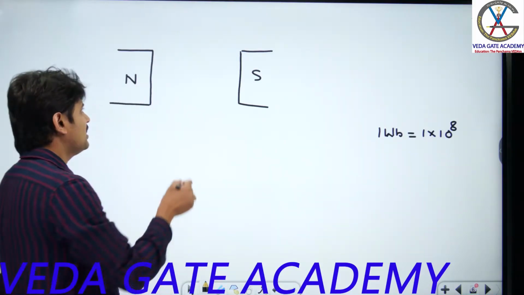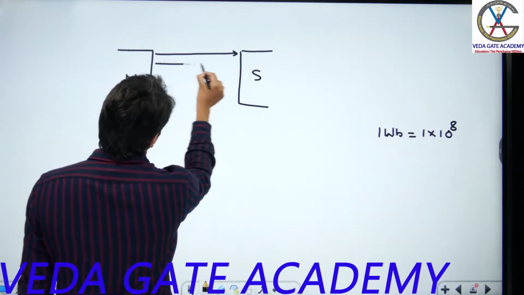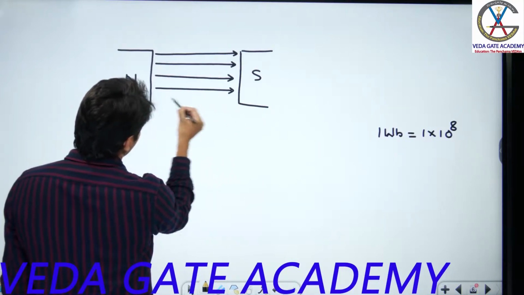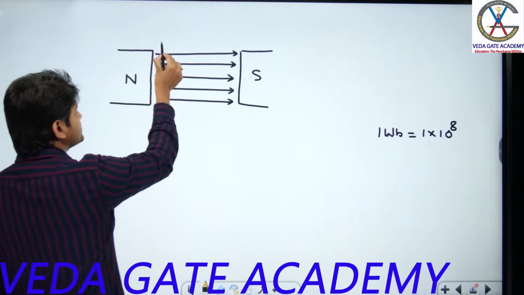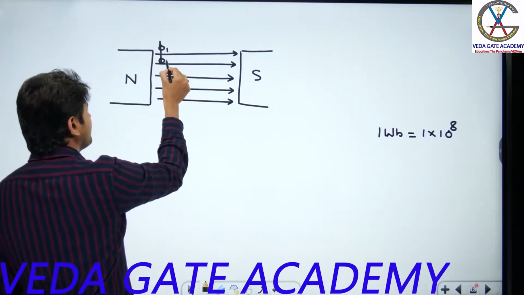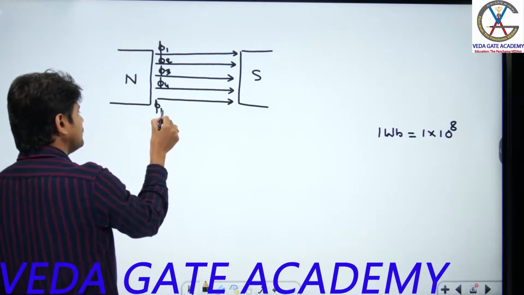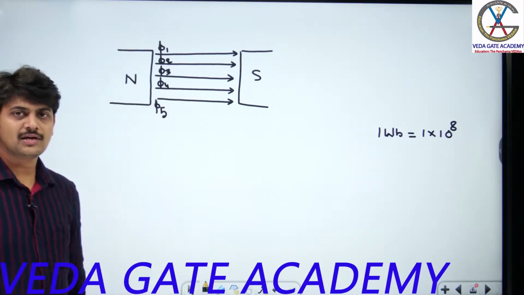So let us consider this is the 1st flux line, this is the 2nd flux line, 3rd flux line, 4, 5. Here I have shown only 5 flux lines and I am representing those flux lines as phi 1, phi 2, phi 3, phi 4 and phi 5. These are my 5 flux lines which flow from north to south outside the magnet.